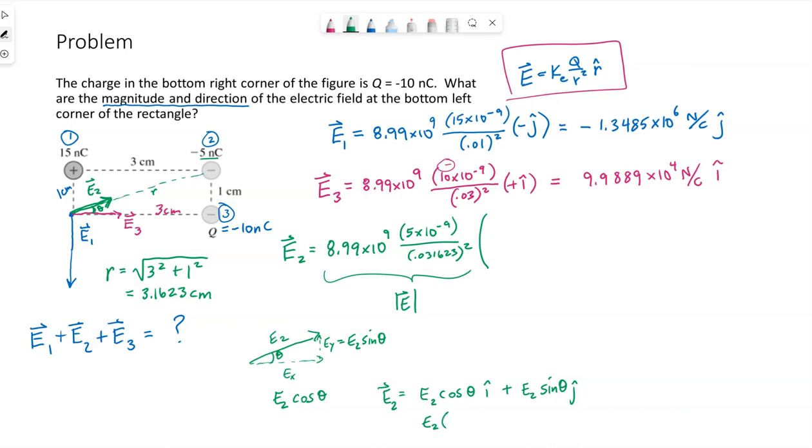The way I have it written right now, we've already found the magnitude of E2. So I'm going to finish this off by putting in cosine of theta, i hat, plus sine of theta, j hat, because I already have E. I can go ahead and calculate that if I want to.